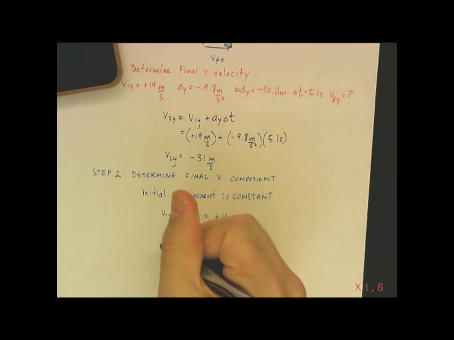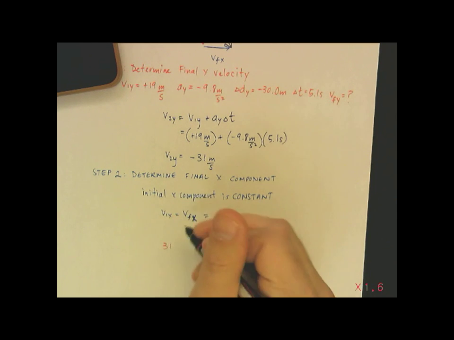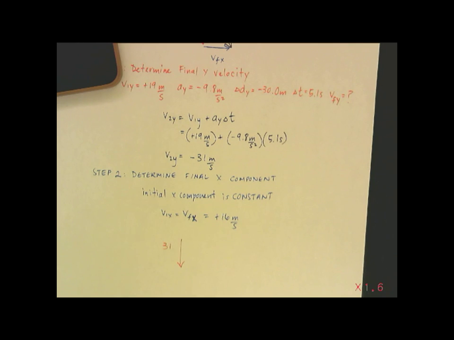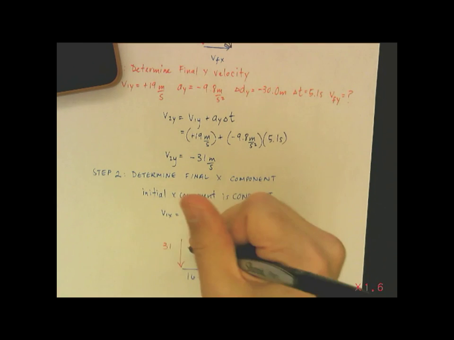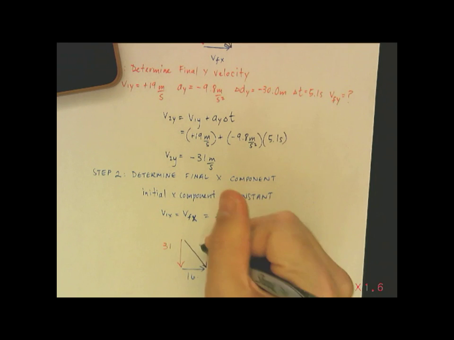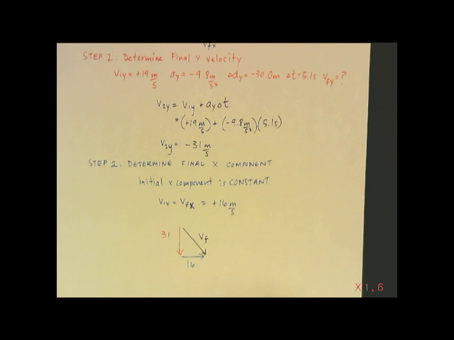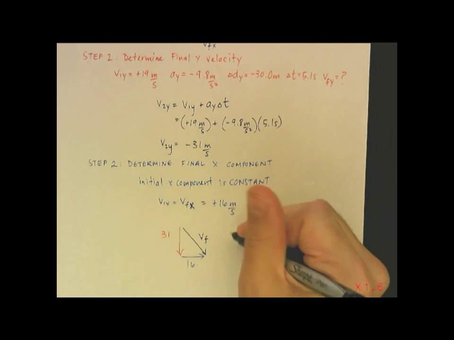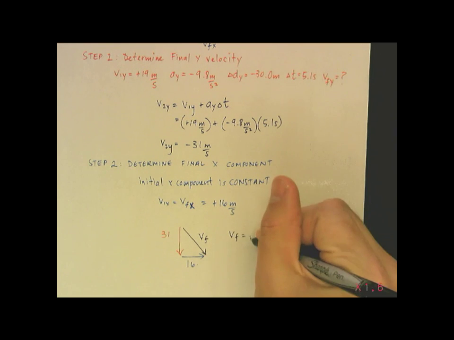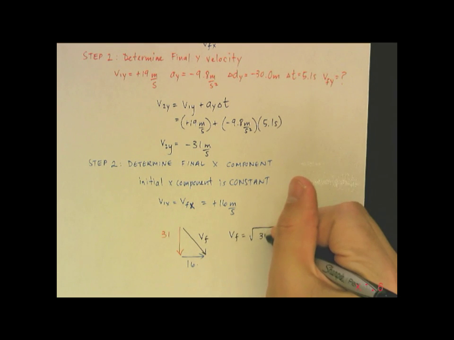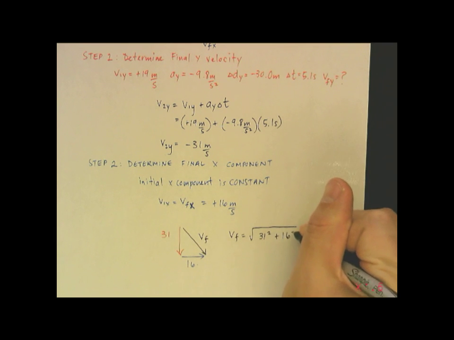So we have 31, 16, and we want to find this VF. VF is equal to the square root of 31 squared plus 16 squared.